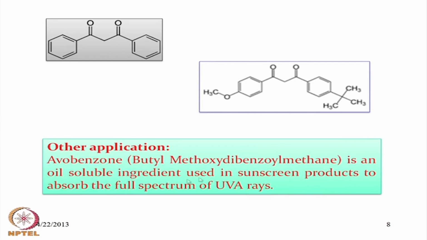It is a very useful ingredient for use as a sunscreen lotion, because it absorbs the full spectrum of UVA radiation. So, the range of UV radiation can be absorbed by this particular molecule, and sunburn due to UV exposure can be stopped. This molecule is therefore a useful ligand, but it has been found that it can have some other application as well.